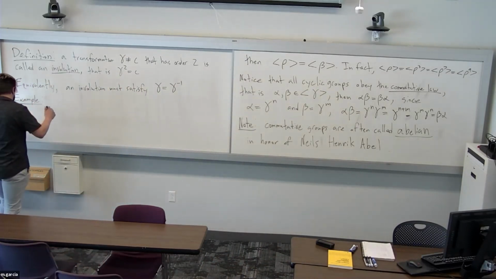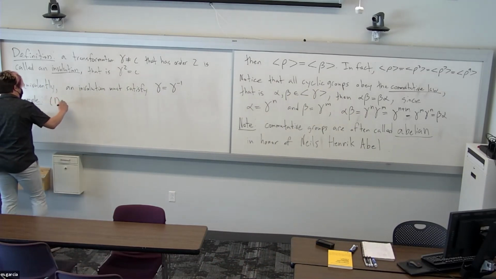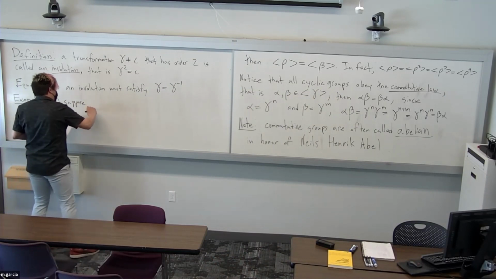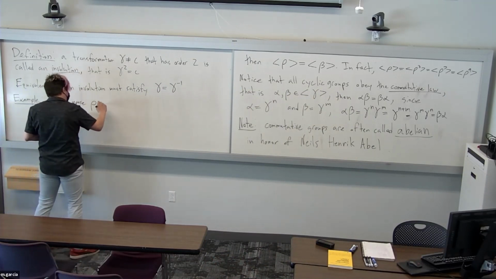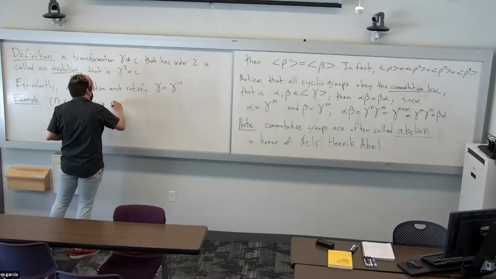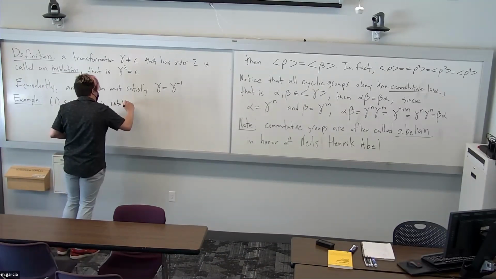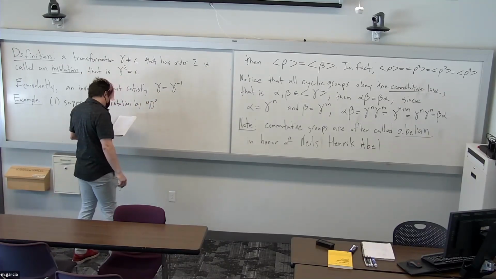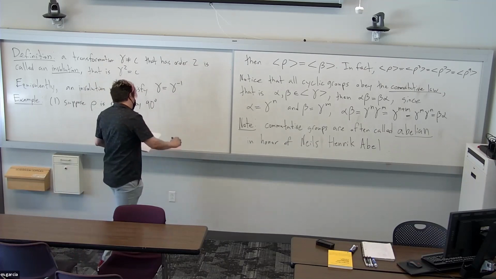Okay, so let's suppose, again, that rho is rotation by 90 degrees about the origin.